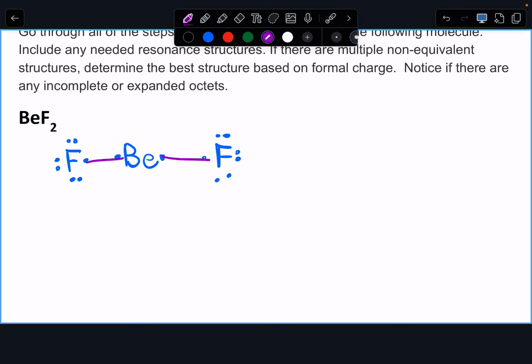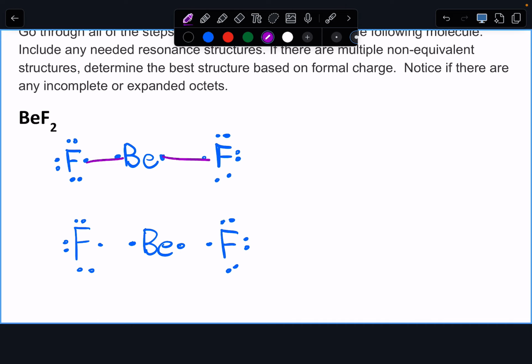The reason you need to be okay with it is because beryllium, boron, and aluminum will underfill. The other option, if you weren't okay with it, so we're going to show you what you might have done and why it's not good. This is kind of similar to CO2.